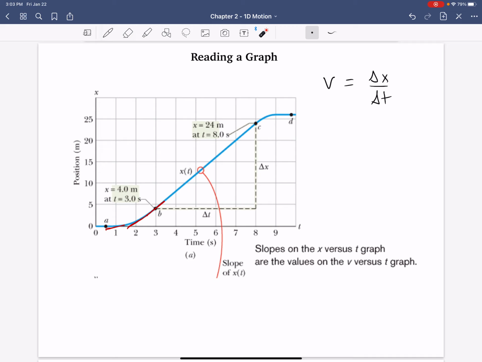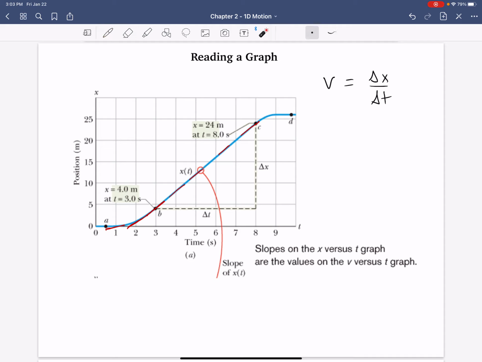Okay. From point B to point C, what happens to the slope? Does it change? Does it remain constant? At all of these points, at point B, say at 4 seconds, at 5 seconds, at any point between those, it's the same slope. It's a straight line, in other words.